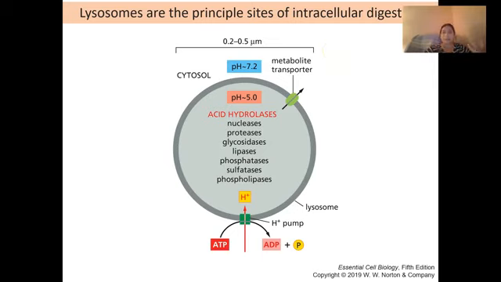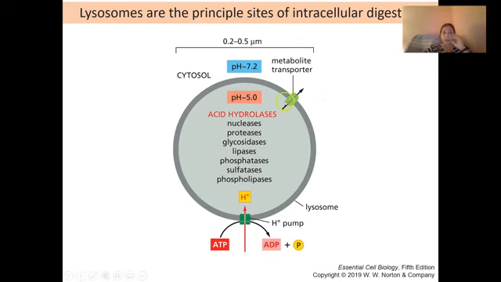They have glycosidases that would break down sugars. They have lipases that would break down lipids. And then they have phosphatases, sulfatases, phospholipases to destroy phosphate groups, sulfur groups. So a lot of different hydrolytic enzymes, their main job is to break down whatever comes inside.